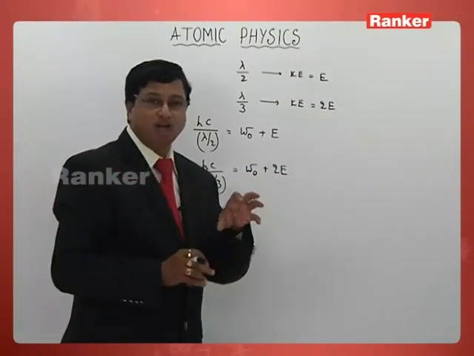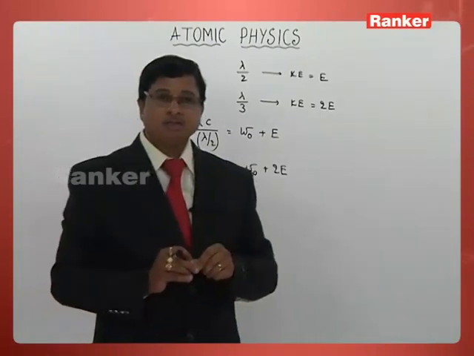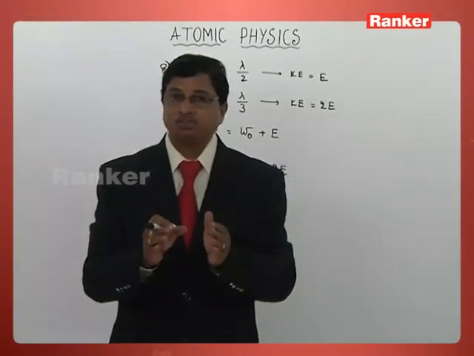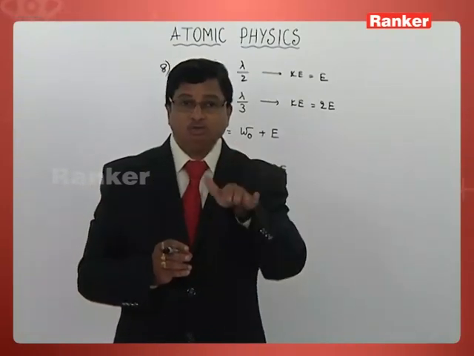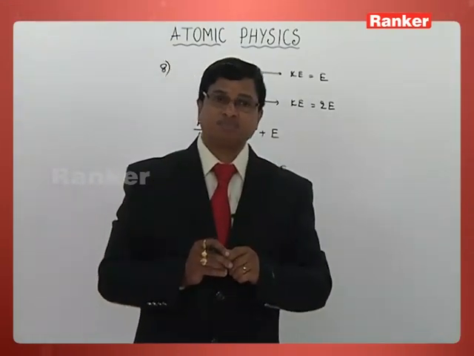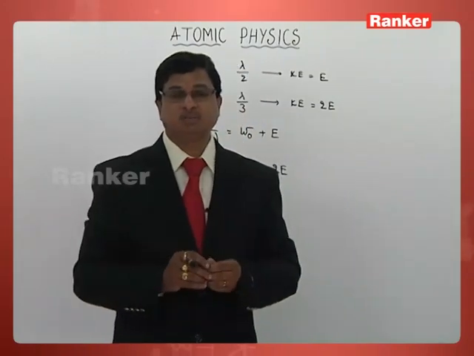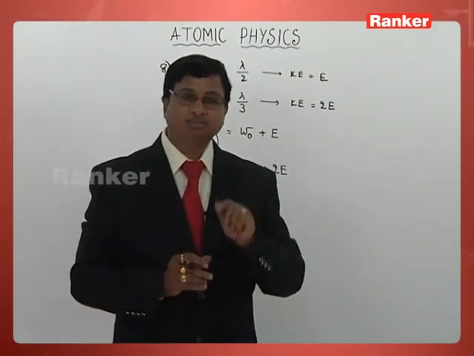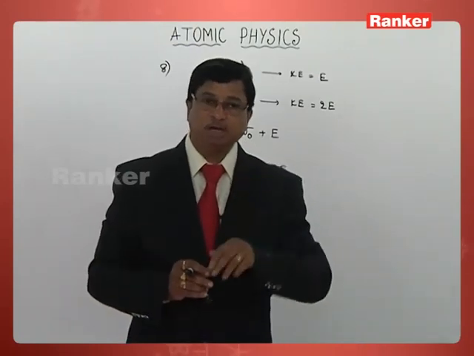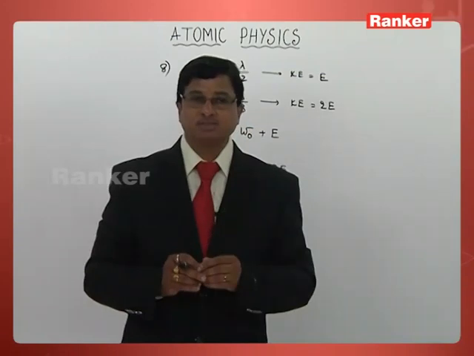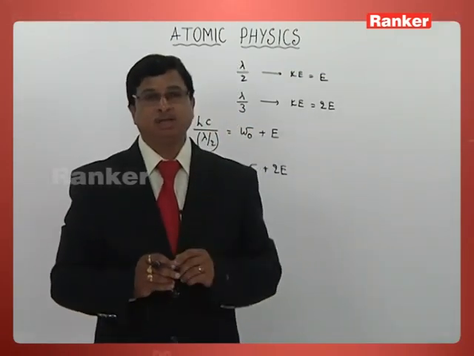The only thing you should now look into is how he is providing us the options. Let me read out the options. First option, Hc by lambda. Second option, 2Hc by lambda. Third option, 3Hc by lambda.